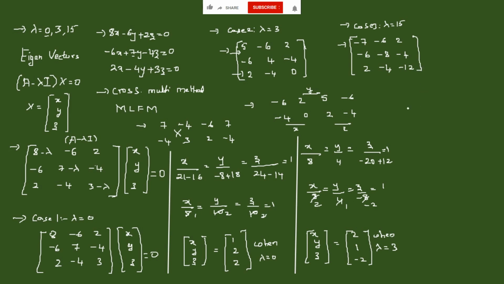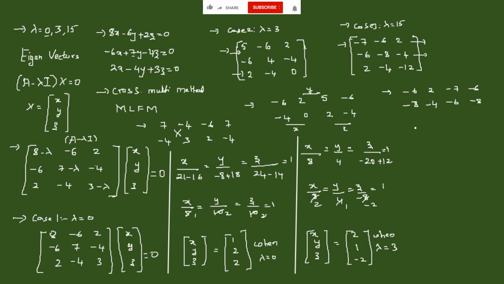Now again we'll be doing a cross multiplication. Consider these particular two terms, this one and this one. So we get minus 6, 2, minus 7, minus 6. Again here we get minus 8, minus 4, minus 6 and minus 6.